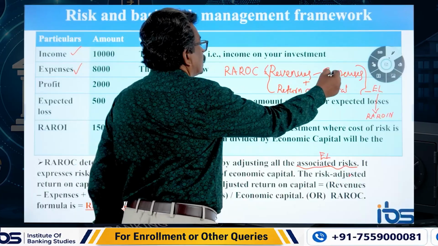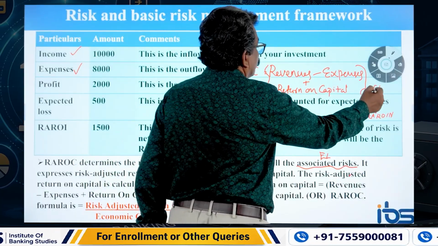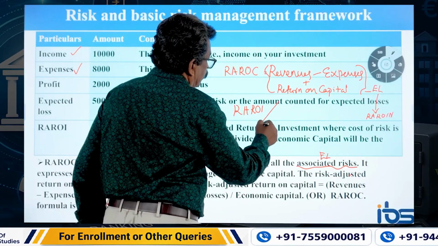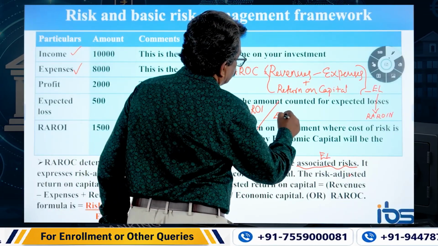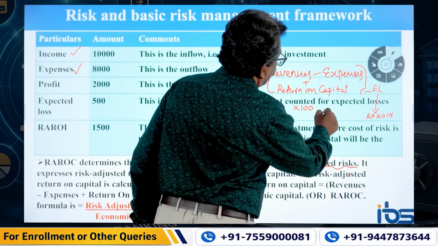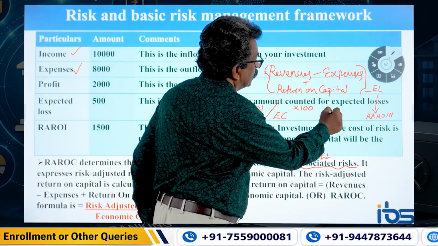Calculating revenue minus expenses plus return on capital minus expected loss will give you the risk adjusted return. This divided by economic capital into 100 will give you the RAROC in percentage.